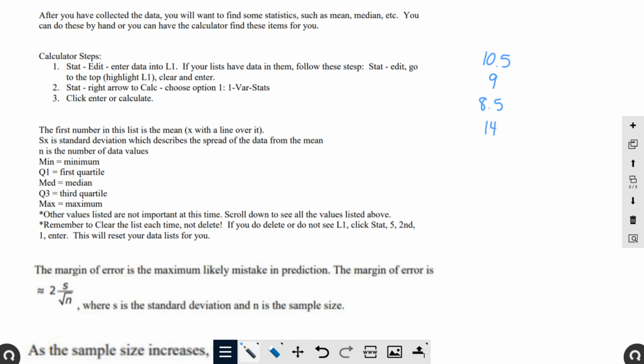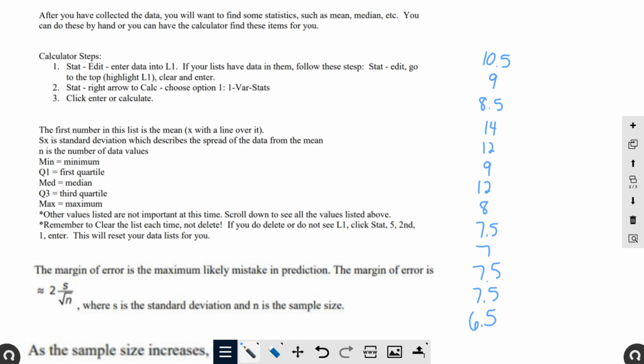Levi. Okay. And here I am coming in at 6.5. All right. So these are shoe sizes from our class.